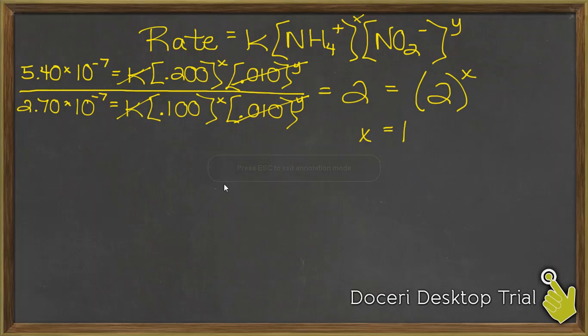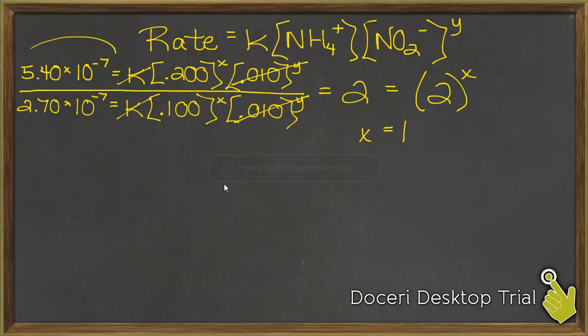It's a 1. Okay, so now let me come back up to the top of the slide here. I know now that ammonium has an exponent of 1. And if you wanted to, since it's an exponent of 1, you could just leave it like that.